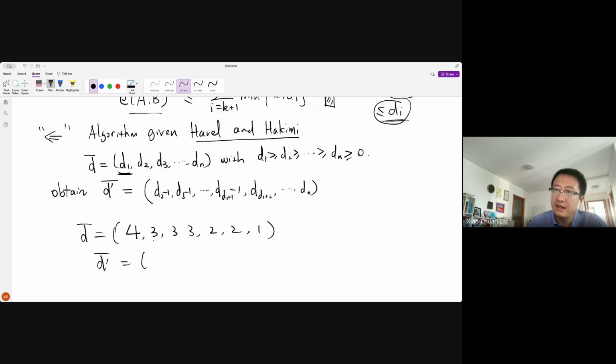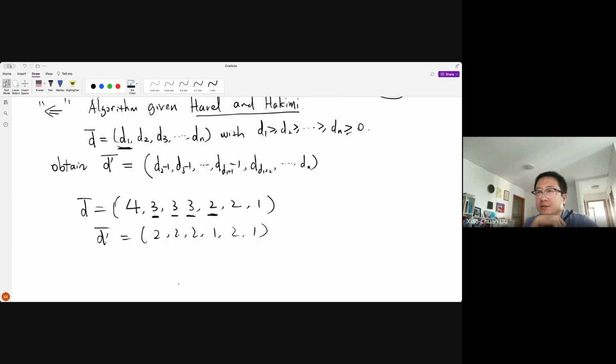Then the subsequent 4 integers, each one of them I subtract by 1. So the first guy is deleted, and I get 2, 2, 2, 1, and the remaining doesn't change.